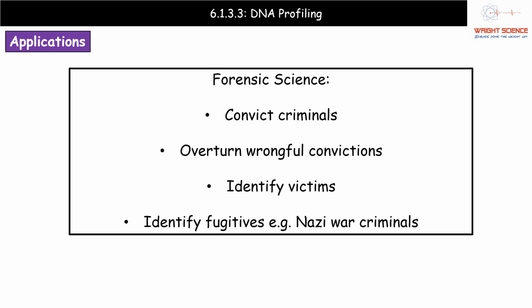On the flip side, though, we can also use DNA evidence to overturn wrongful convictions. I would love to say the criminal justice system is perfect, but it is not. And particularly in some places in the world, America, I'm looking at you, there have been a lot of issues in the past, particularly around certain ethnicities of folks getting wrongful convictions more than others, let's say. Therefore, what can we do these days?